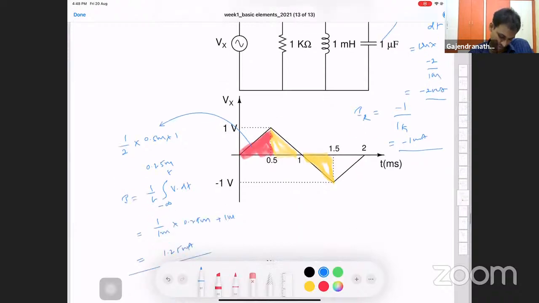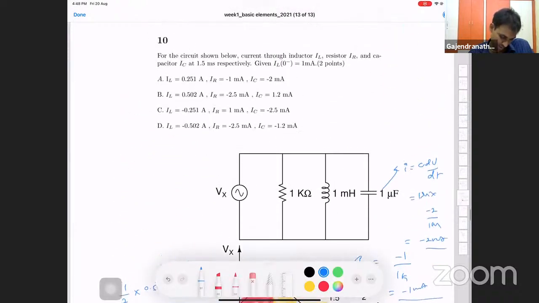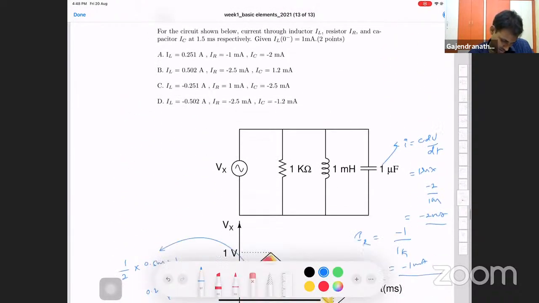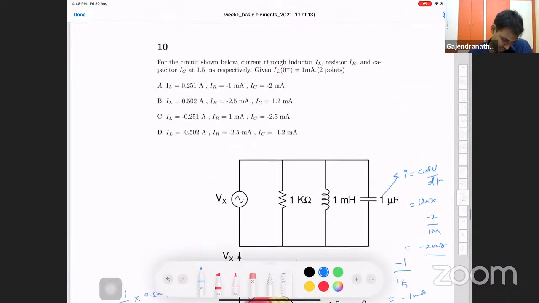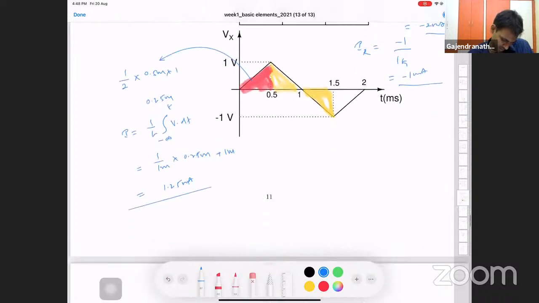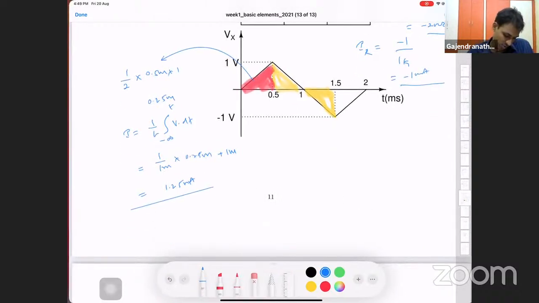So the answer is -2 milli here, 1.25 milli there. Oh, sorry, 0.25 milli, 0.25 milli. Oh, L is also milli, that's also milli.